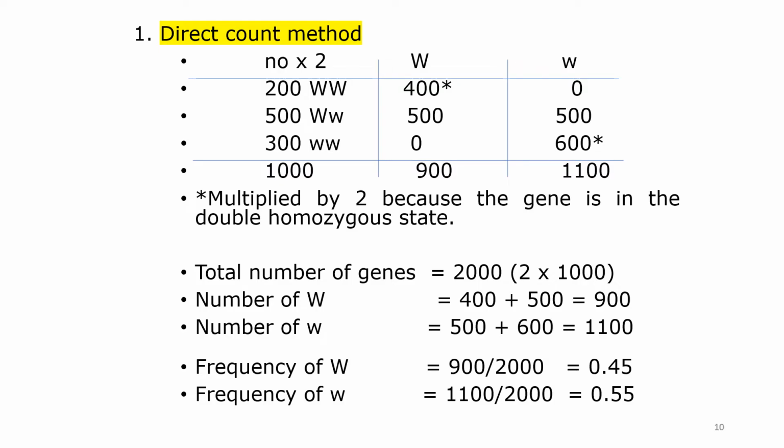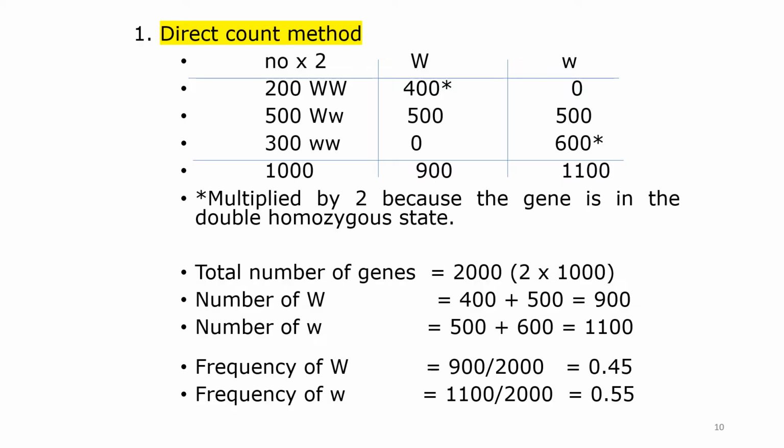Here we have 500 cattle with this genotype. And since we do not know which one exactly is carrying this or this, then we split it in between. So we have capital W 500 and small w 500. Here we have 300, there's no capital W, we have 600, again multiplied by 2 because it is in double zygote recessive state.